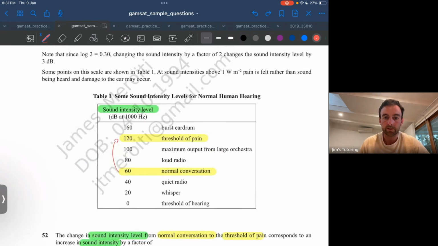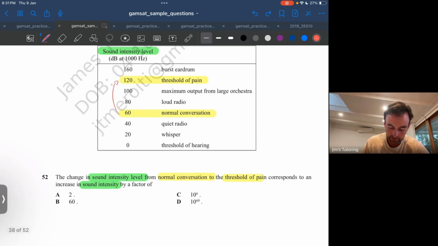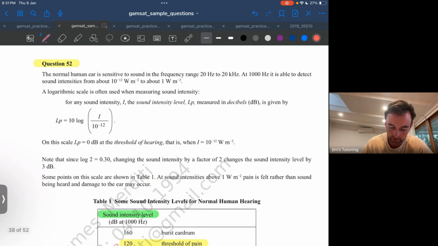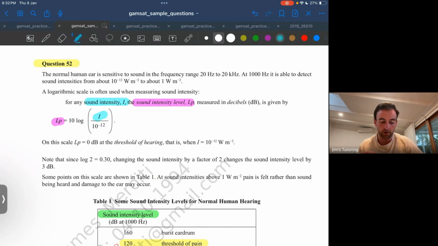So now we need to understand how we can relate sound intensity level to sound intensity, and that's where our equation comes in. We've got sound intensity level, which is LP, and sound intensity, which is I. So we actually need to find I in 2 different conditions, don't we? Does that make sense to everyone? It's a little bit clumsy how I went through it, but I hope that helps.